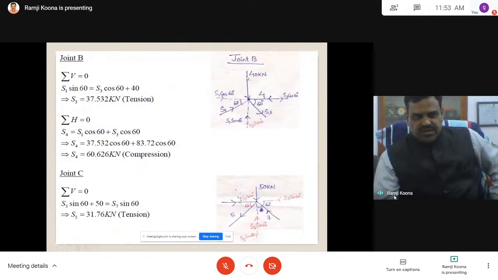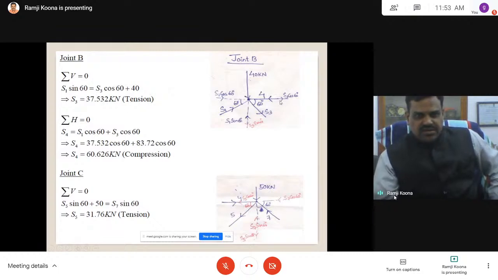Vertical means 40 kilonewtons plus S3 sin 60 plus S1 sin 60. S1 sin 60 is upwards, these are downward. So 40 plus S3 cos 60, on the left hand side. If you resolve, by this time S1 is known to you, you determine S3. The assumed direction is correct, so you can make it tension.